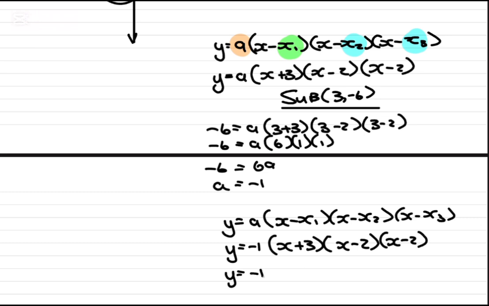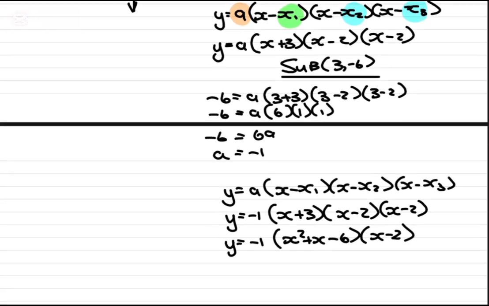Now unfortunately we just have to go and FOIL out all these three brackets. So x times x is x squared. Minus 2x plus 3x would be a positive x, minus 6, that would be my first bracket. And then I have to do it again. Keep your negative 1 for last.